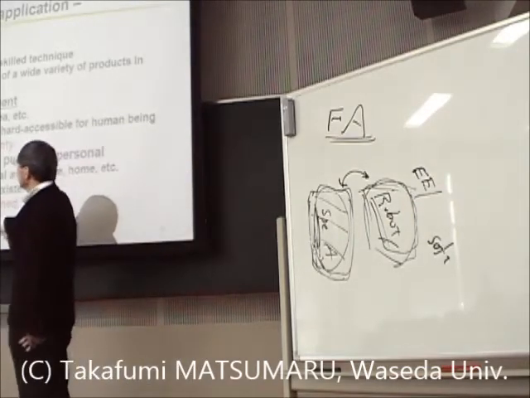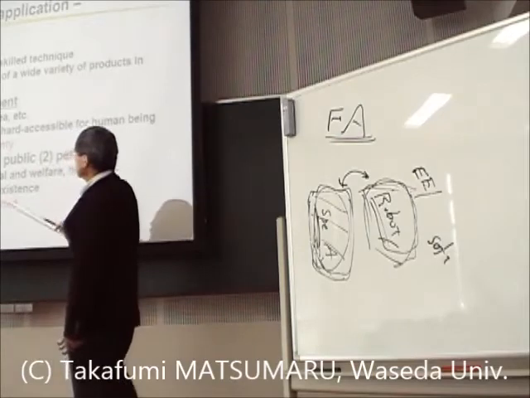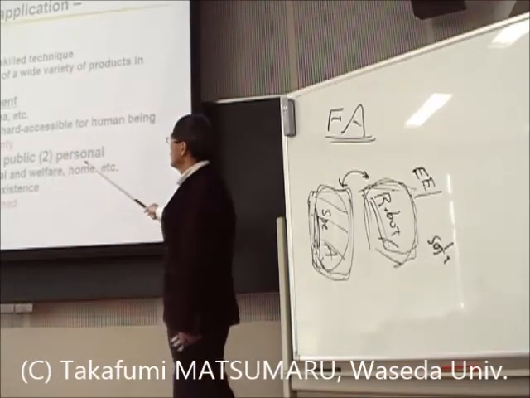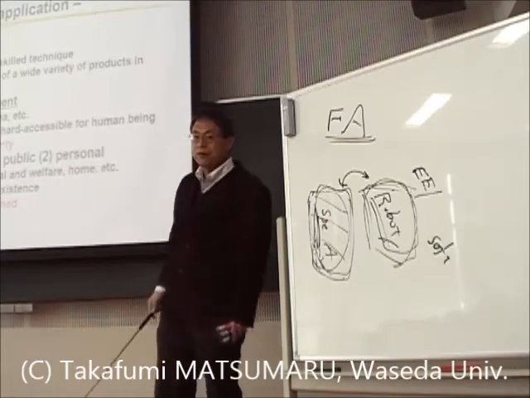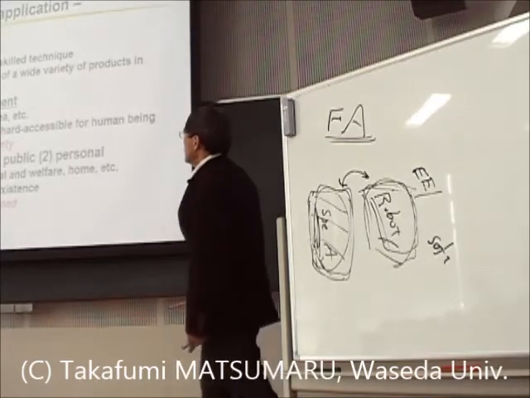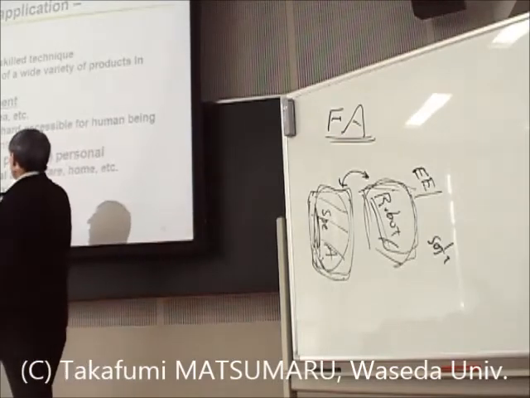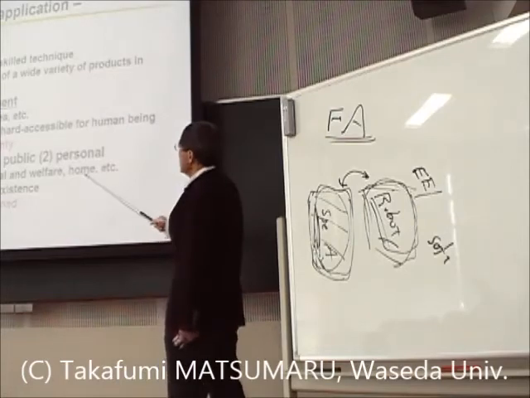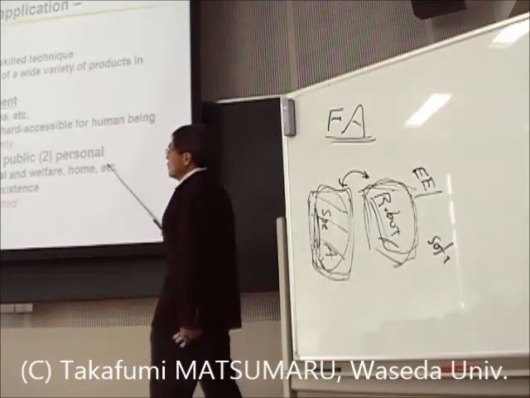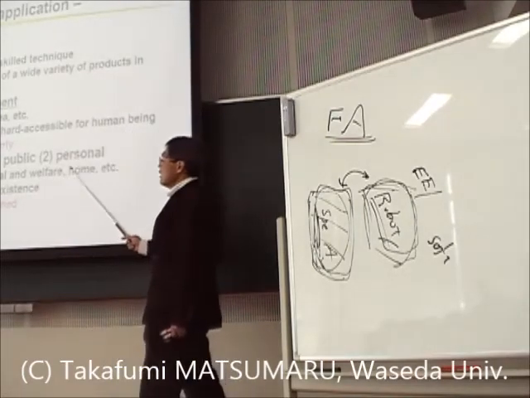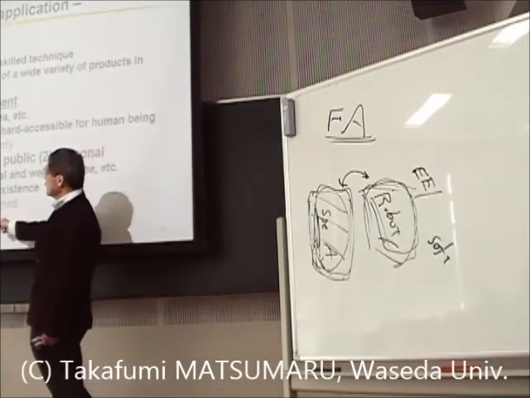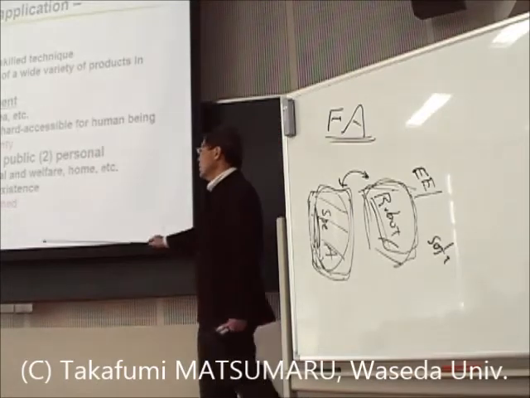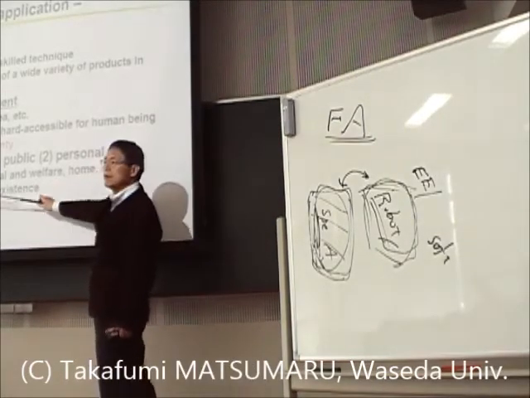And third categorization is social support. For example, one is the public support, and the other is individual support. For general public, the mobility, medical welfare, and personally the home assistance or something. In this case, these robot works close to the people. Human coexistence environment, it is called.